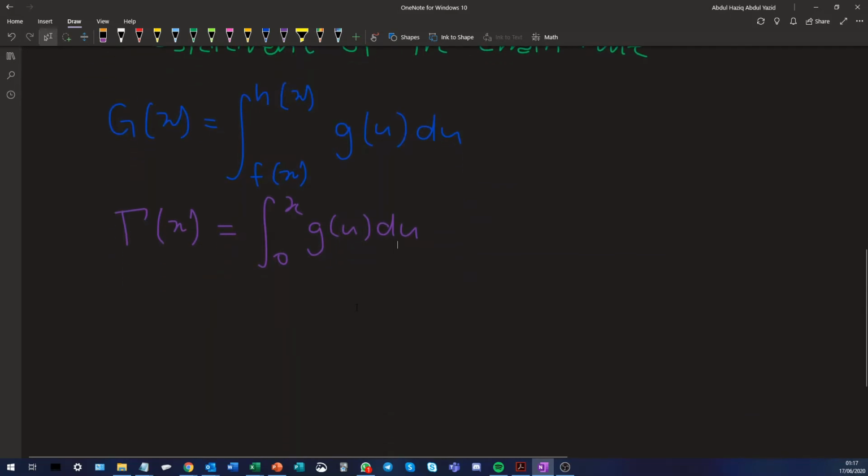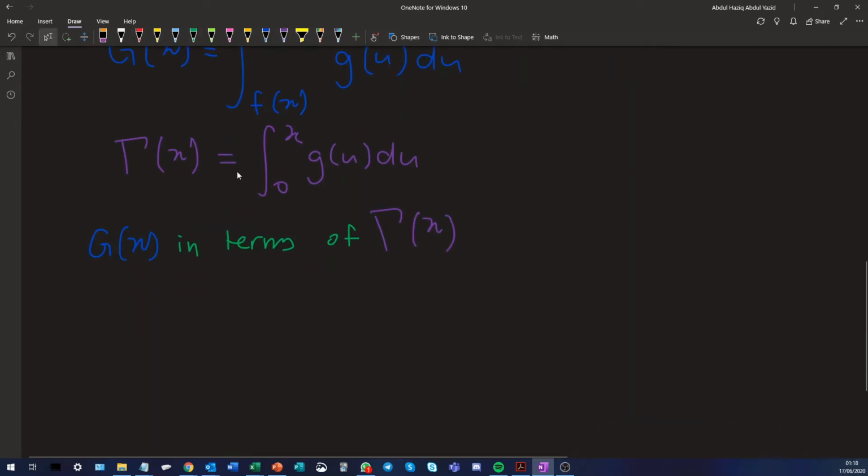Okay, now I want to rewrite G of x in terms of gamma of x. And also the reason why we're doing this will become clear in a while.